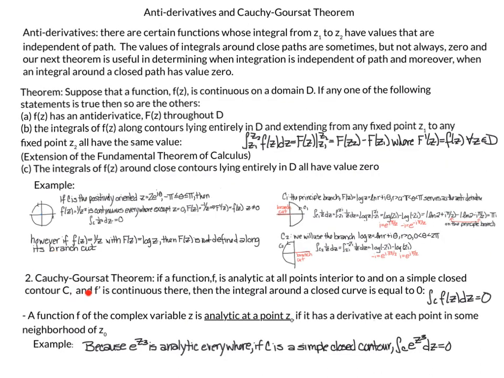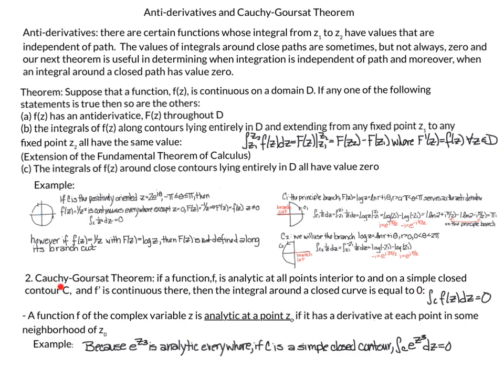We have one more theorem to talk about, which is the Cauchy-Goursat Theorem. So if a function f is analytic at all points interior to and on a simple closed contour C, and if f prime is continuous there, then the integral around the closed curve is equal to 0.